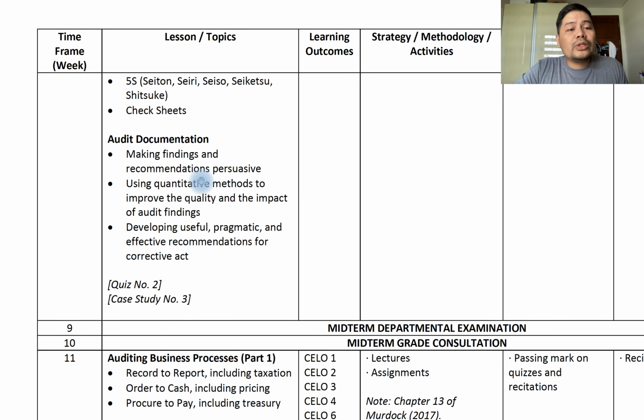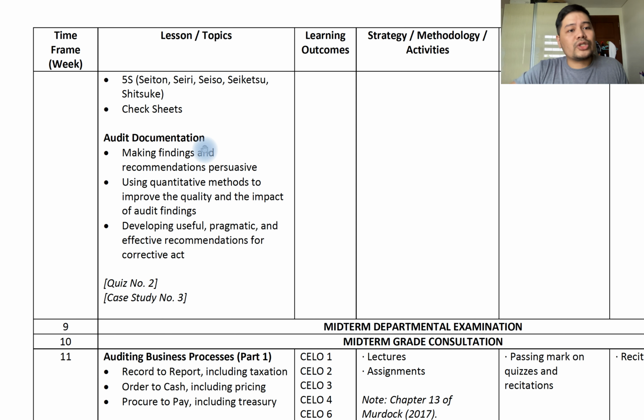Then, we also need to discuss here the audit documentation. So, in audit documentation, we need to write here the finding and how to make our recommendation persuasive. We can also use quantitative methods to improve the quality.